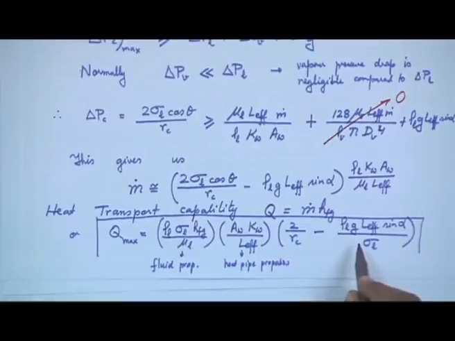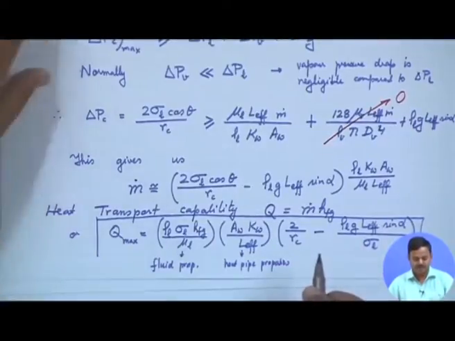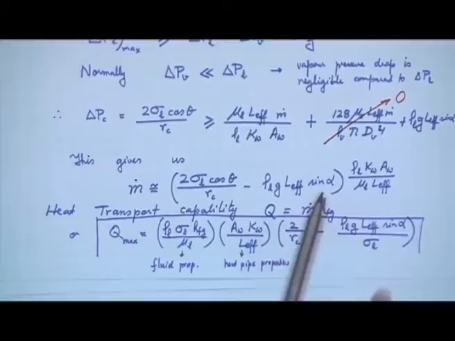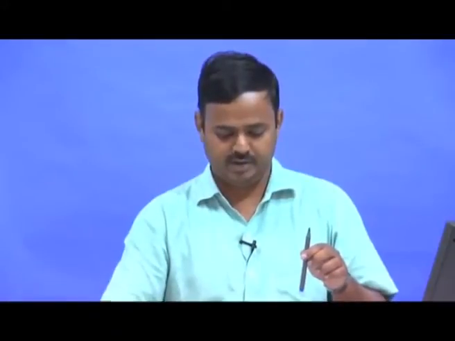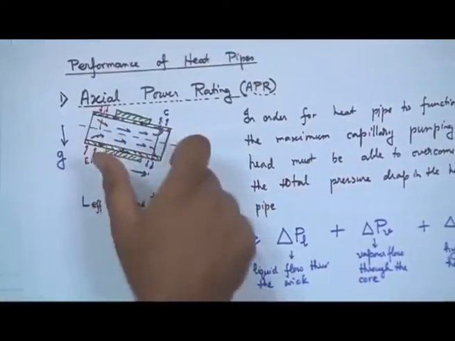And when will it be negative? That is when you have it perfectly vertical. So, sin alpha is minus 1, correct. So, when sin alpha is minus 1, which means that the heat pipe is vertical like this with the evaporator below condenser. Recall over here in this picture that I had drawn, this was condenser below, evaporator above.